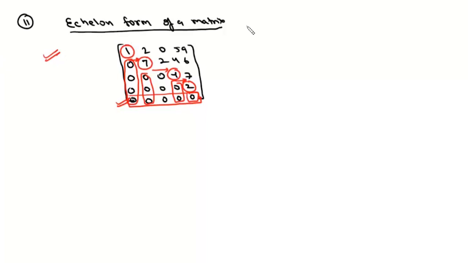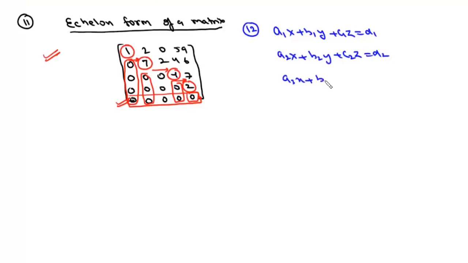Now the 12th one is, suppose we have a system of equations a1x plus b1y plus c1z equals d1, a2x plus b2y plus c2z equals d2 and a3x plus b3y plus c3z equals d3. Then here we define something called a coefficient matrix.